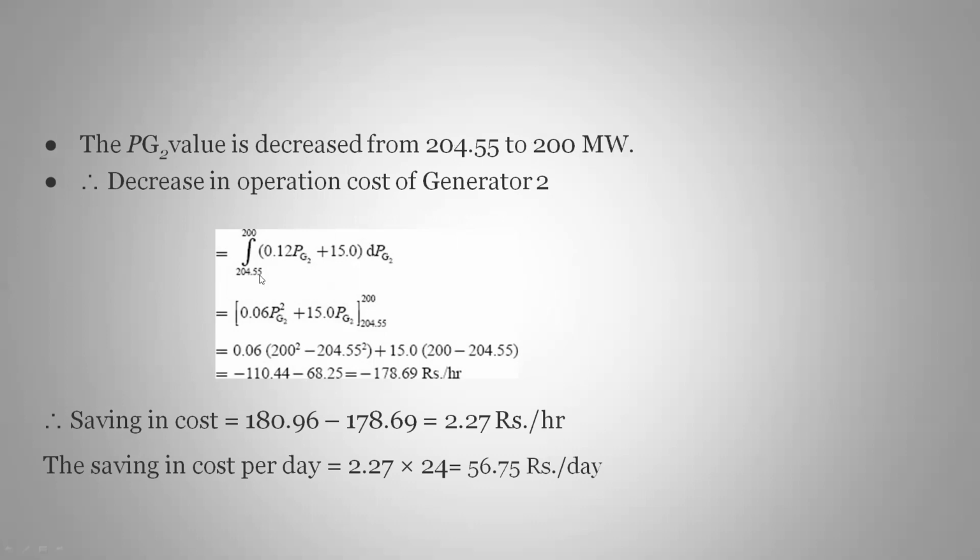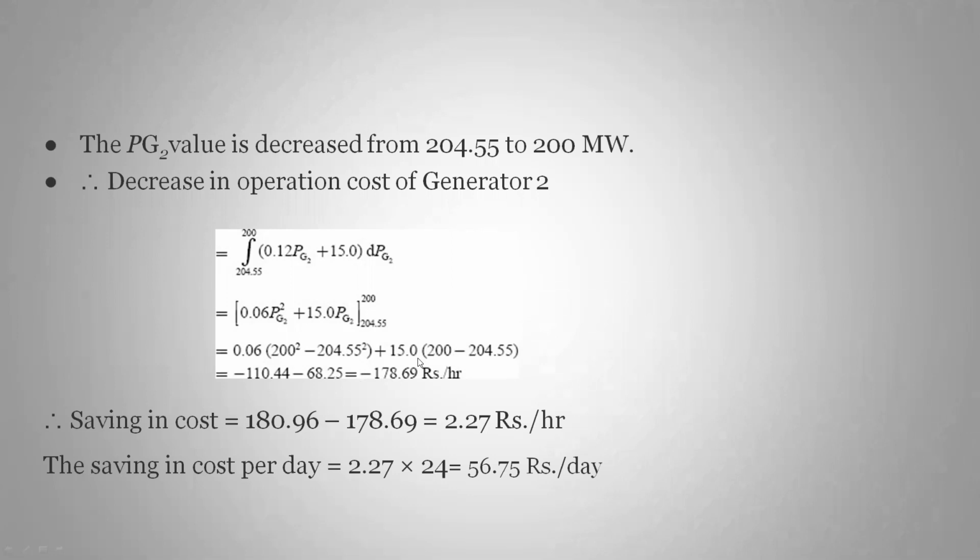Same in the load sharing, power generation 2. So 200 upper limit and downward limit 204.55. So 0.12 by 2 Pg2 square plus 15 Pg2.